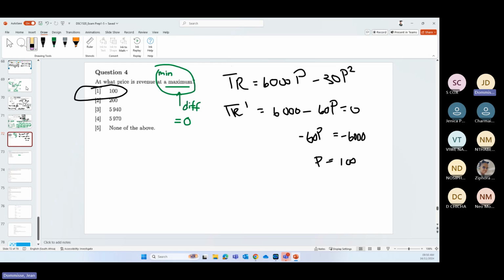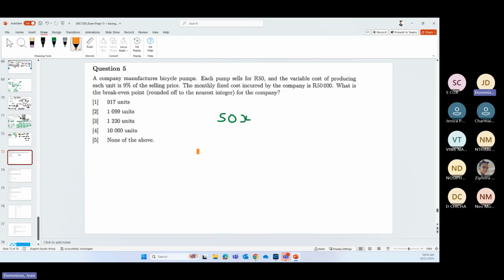So thank you for that. You can see what I highlighted here was the maximum to differentiate, but the critical thing was actually revenue. And where we went total revenue, I went from revenue to profit. So awesome. Thank you very much for that one. So please make the mistake now with me and not make the mistake in the exam.